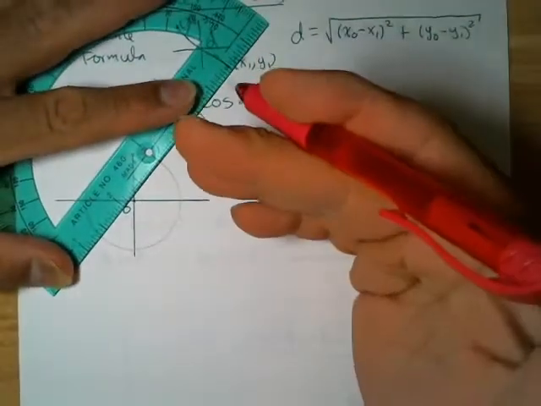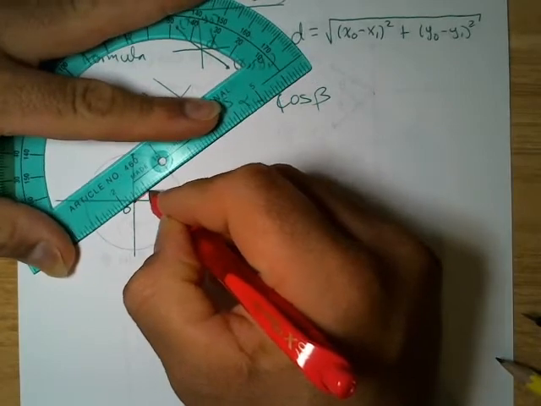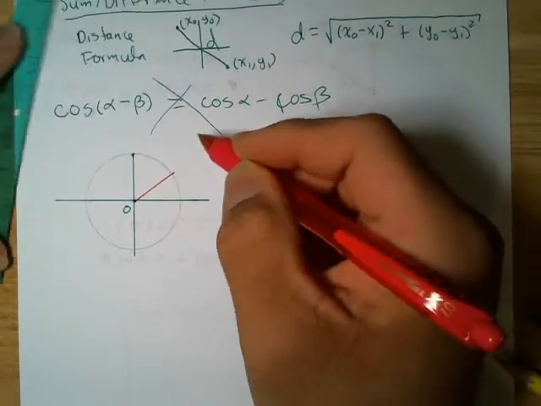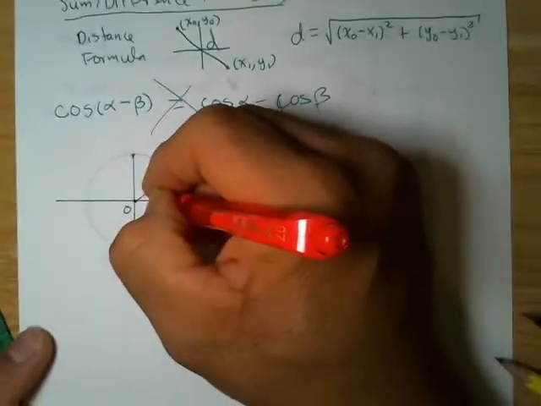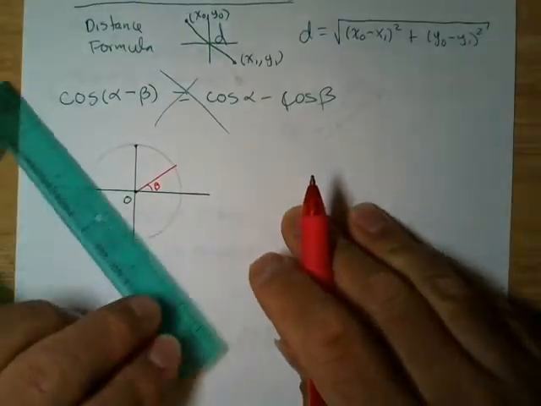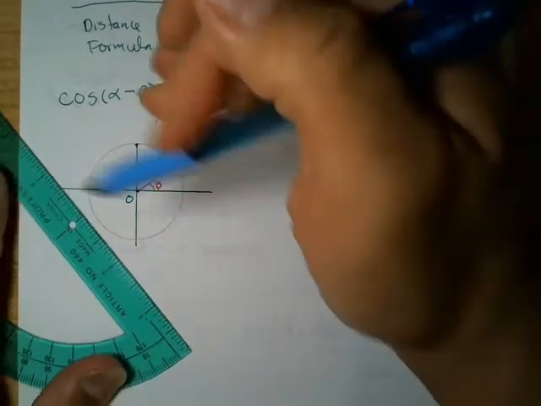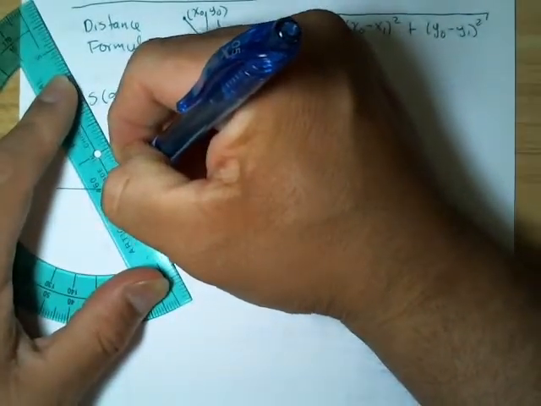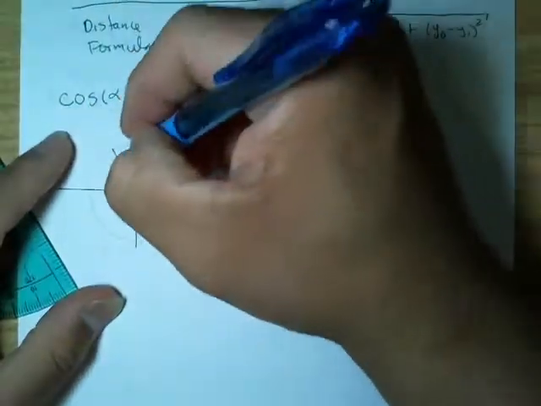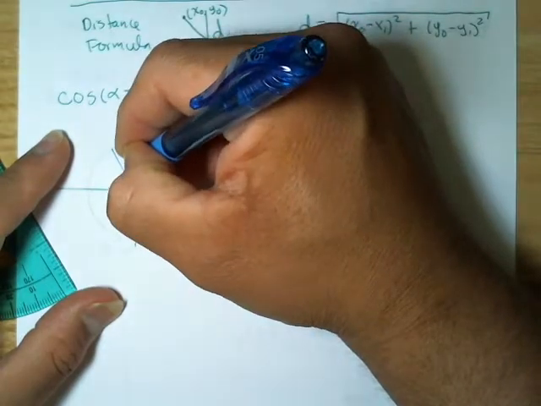I'll call the origin O. I'm going to call this first angle beta. I'm going to have a bigger angle, and I'm going to call this angle alpha.